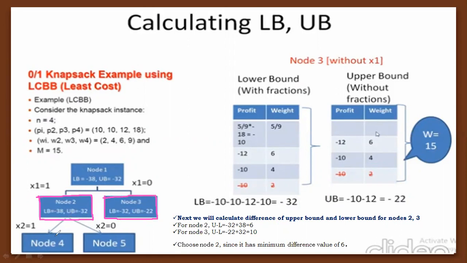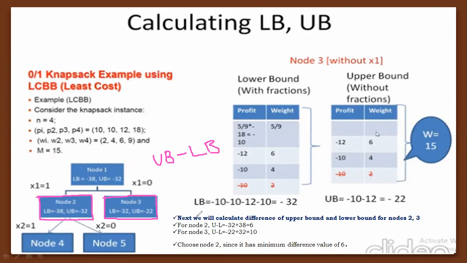While expanding the tree, we have a query: either go this side or this side, node 4 or node 5. The problem is whether I need to construct node 4 or node 5. That will be decided based on the lower bound and upper bound values. Now you need to find upper bound minus lower bound.